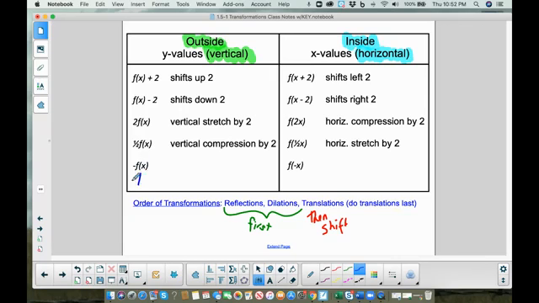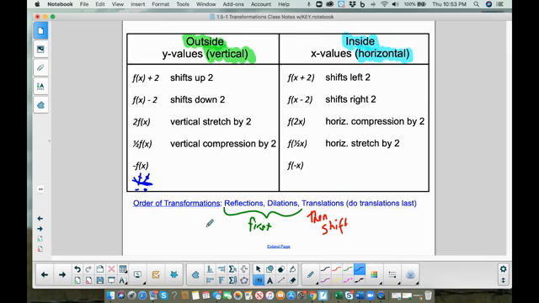If I had a function doing something like this, if I have a negative in front of it, it's going to reflect it vertically. So the y's, you see this got a positive y value? Instead, this point here is going to have a negative y value. And when you think about it, that means your mirror line is your x-axis.